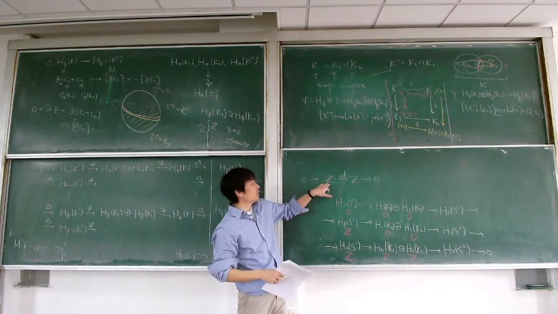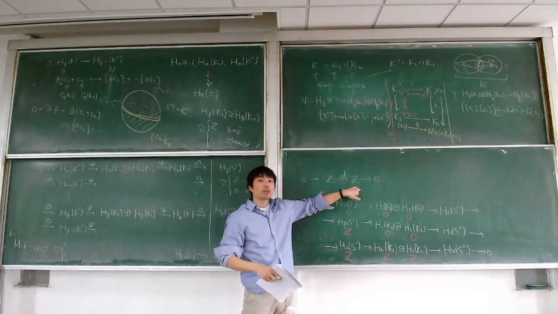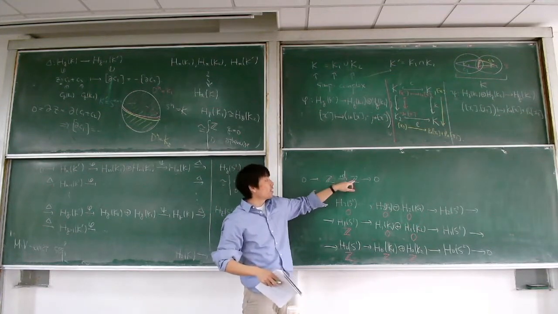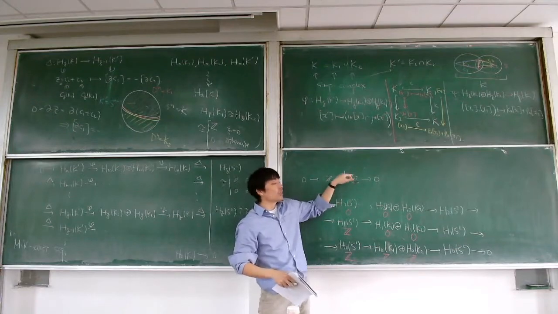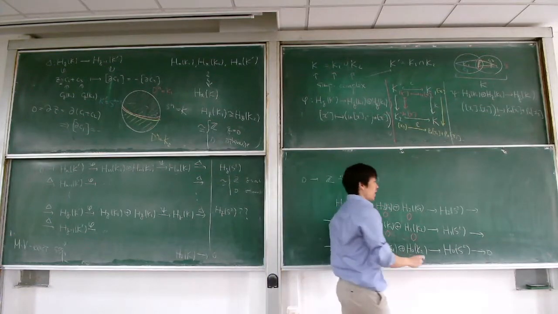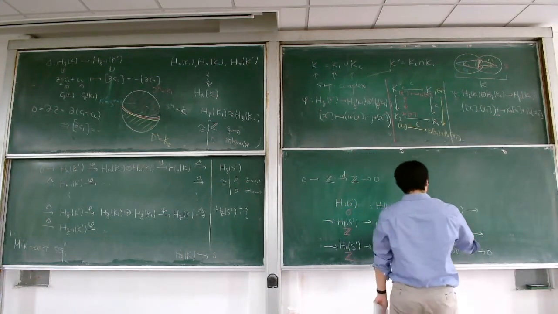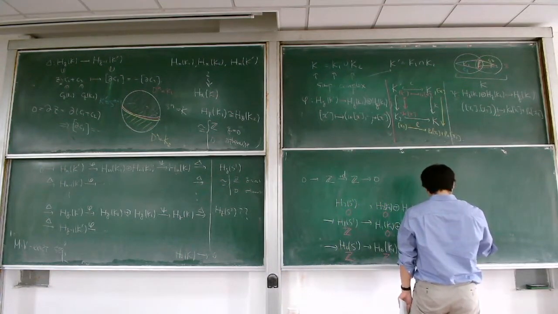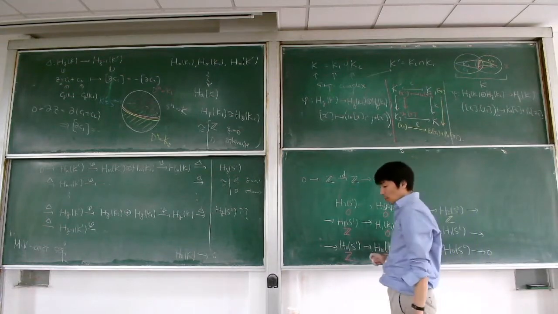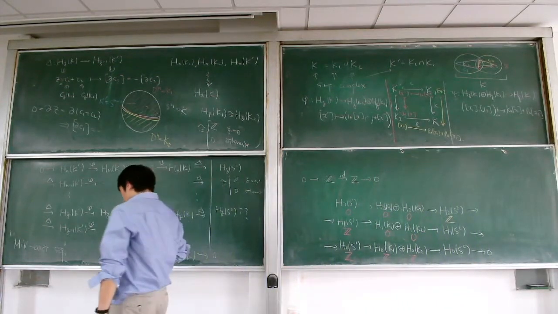This has to be Z and the identity map. So if it's the identity and goes to 0, then the image is included in the kernel. So therefore this has to be Z.